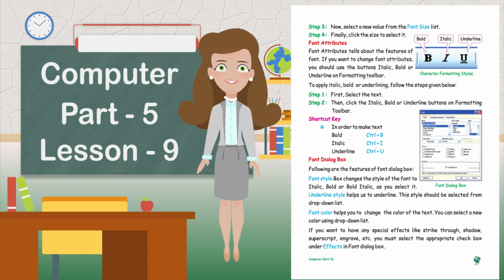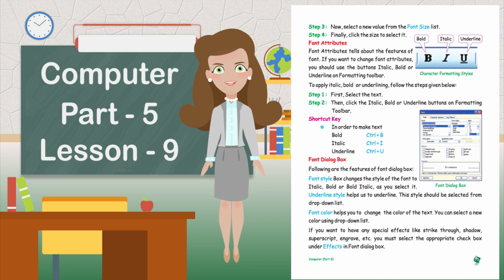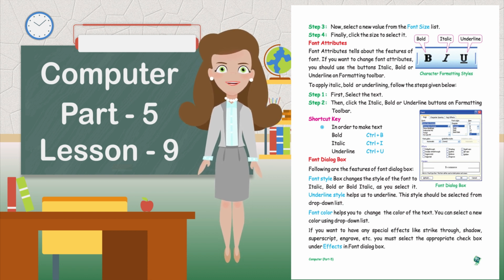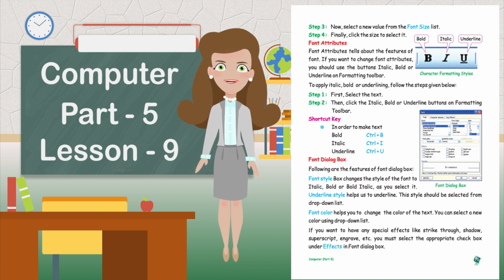Font attributes. Font attributes tells about the features of font. If you want to change font attributes, you should use the buttons italic, bold, or underline on formatting toolbar. To apply italic, bold, or underlining, follow the steps given below.